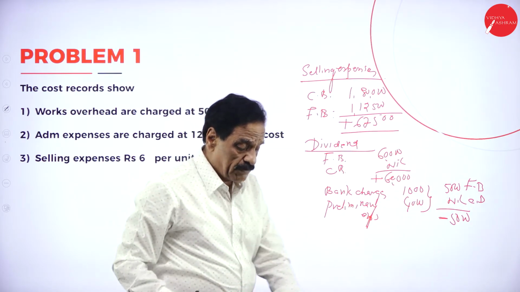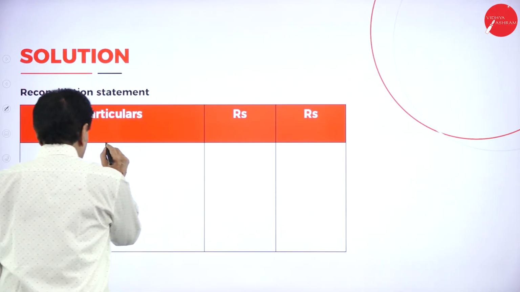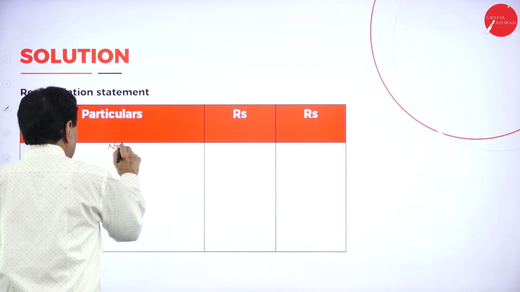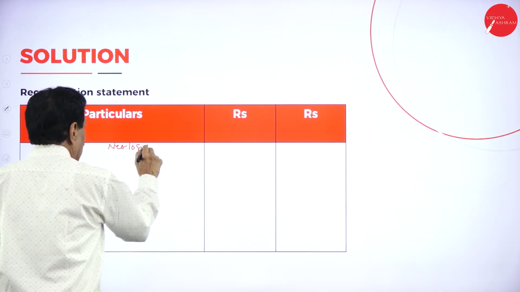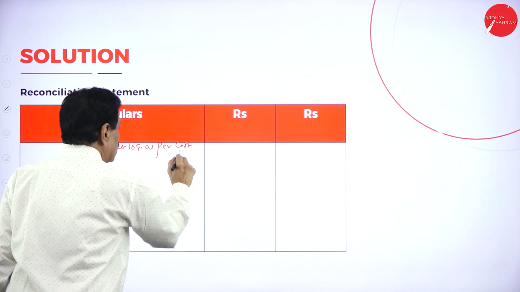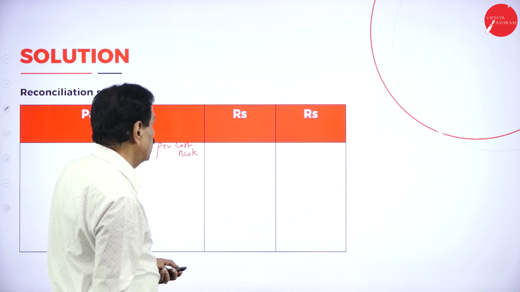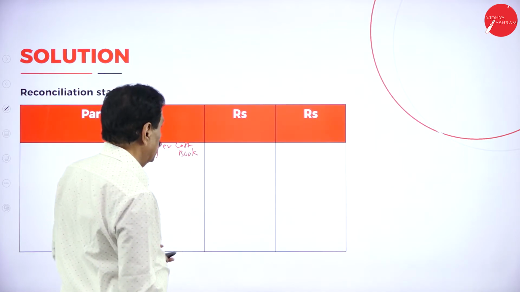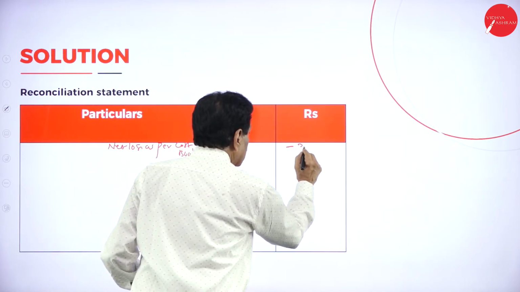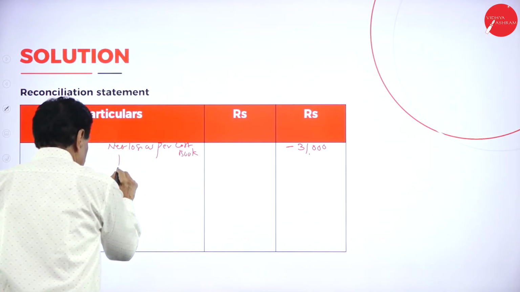You have to put in the format now. Reconciliation statement. Net loss as per cost book, minus 31,000. Add.